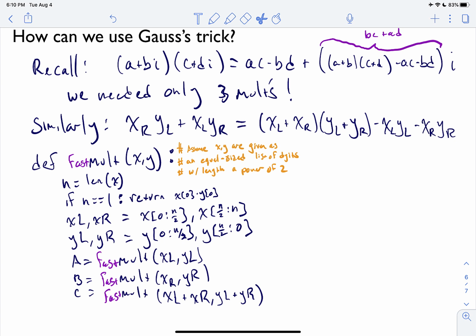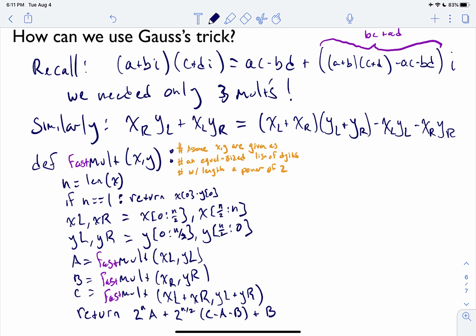The same distributive law trick can be applied here. And it turns out this is going to give us a faster multiplication algorithm. Let's call this fastmult. Fastmult is very similar to the mult algorithm we used before, but it has some additional tricks.